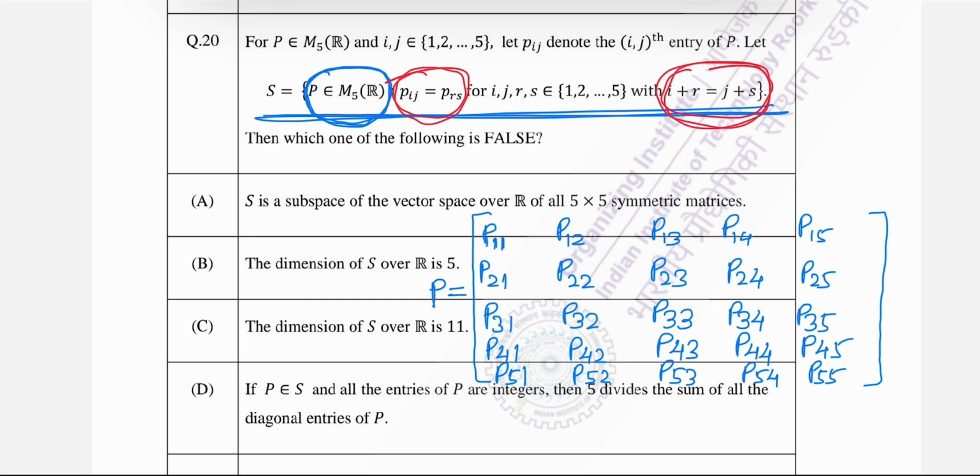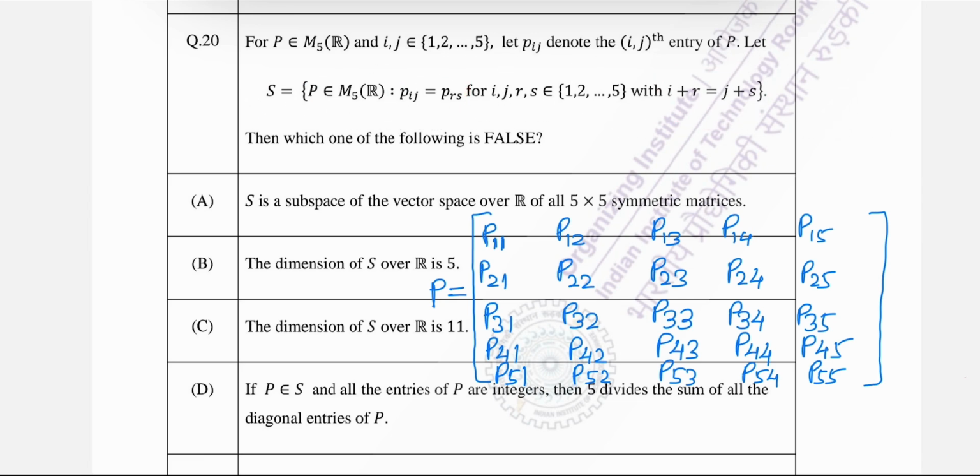So here on the screen you see the matrix P, and now I convert this matrix P into S. To convert this matrix P into S, obviously I have to impose those two conditions, this condition and this condition.